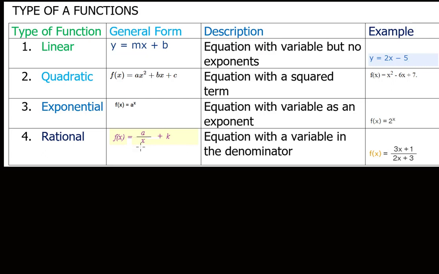An example is f of x equals (3x plus 1) divided by (2x plus 3). We can see that we have a variable in the denominator, which means the denominator cannot be 0. Any number that does not make it 0 will satisfy this equation.